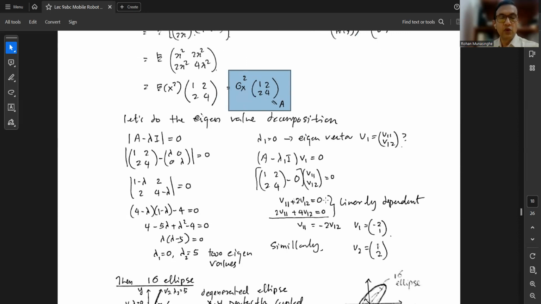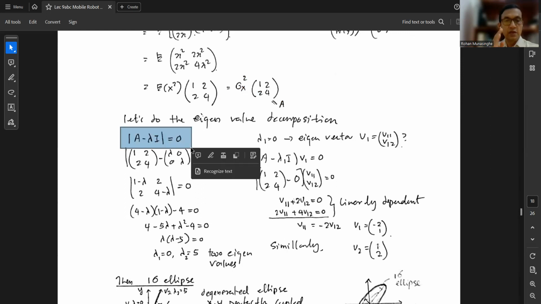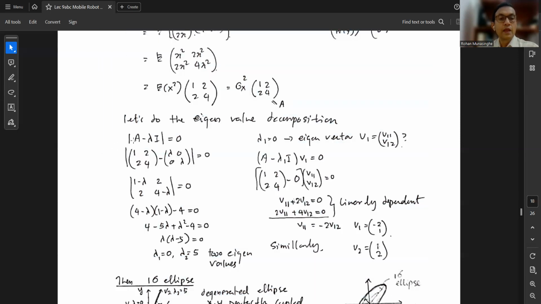Now, we want to do the eigenvalue decomposition of the covariance matrix here. So for that, what we do is we use this one. The determinant of the matrix A minus lambda I. Lambda is the eigenvalue vector, okay? I is the unit vector. So A is 1, 2, 2, 4 minus lambda times I. Determinant is 0.